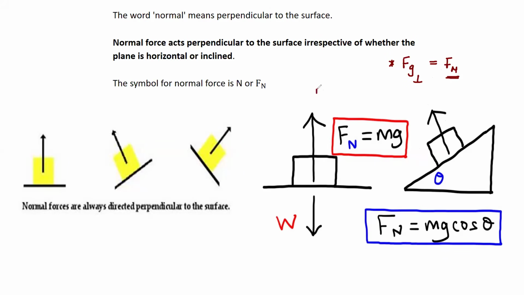On a horizontal surface, normal force is basically force of gravity, because the force of gravity is not broken into its components. It's not acting at an angle. So it's just Fg on its own.